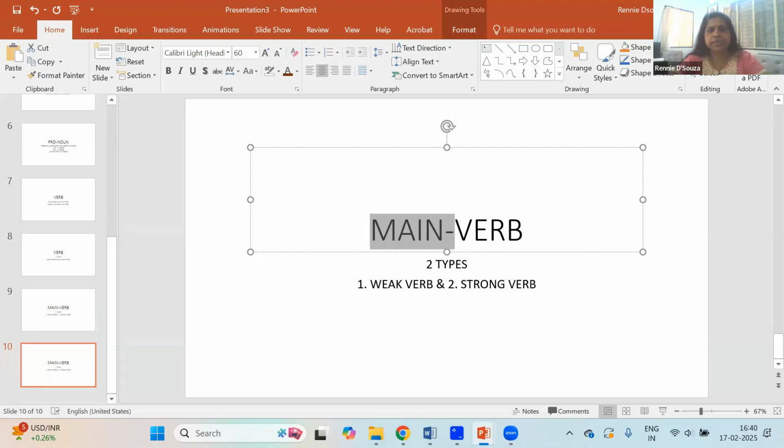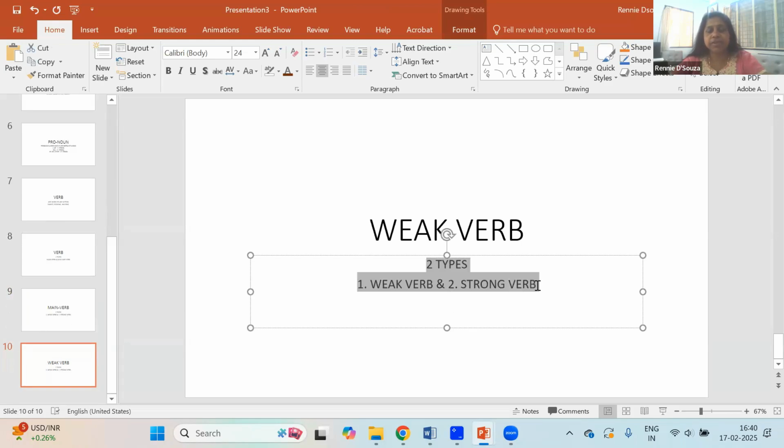A weak verb is a verb which, when we change it to past tense, only ed or ied is added to the present tense verb.